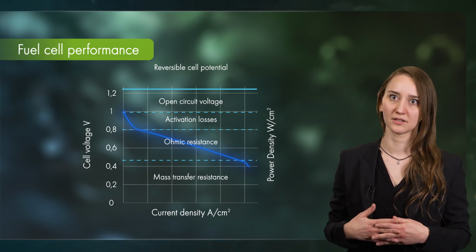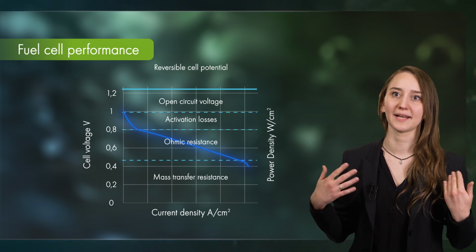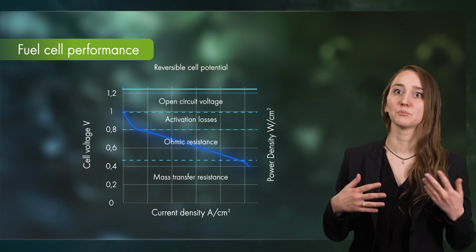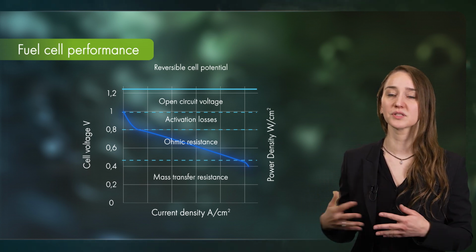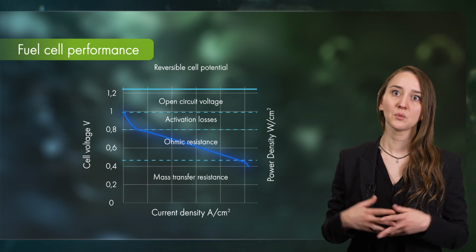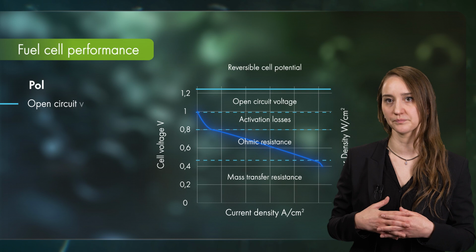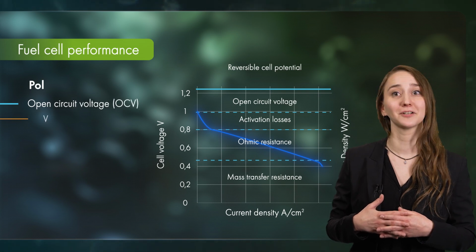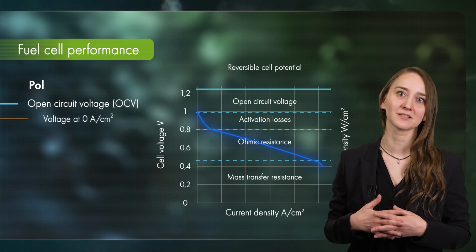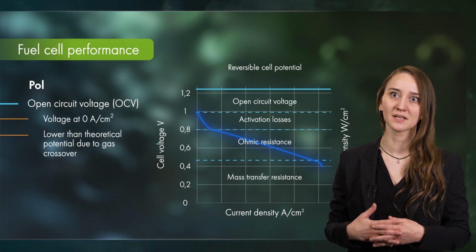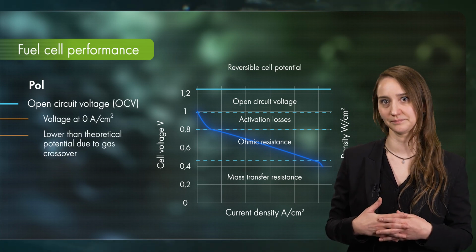This is due to the kinetic losses and strongly linked to the electrocatalyst we use. A poor catalyst will result in a more severe voltage drop in this region, whereas a good, highly active catalyst will result in a moderate drop. So far, we have, however, not found the ideal electrocatalyst for low-temperature PEFCs that shows no loss here.